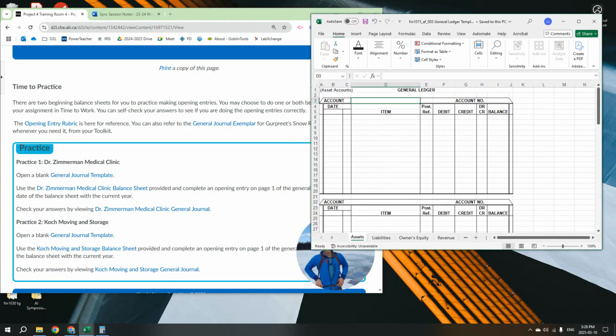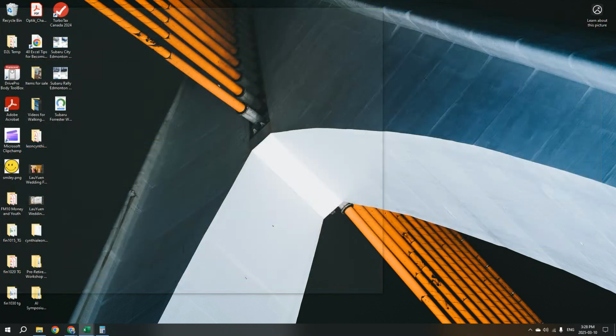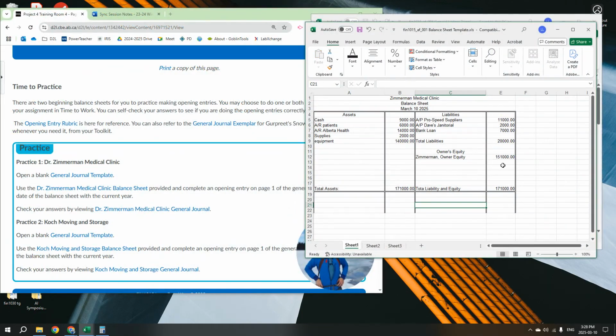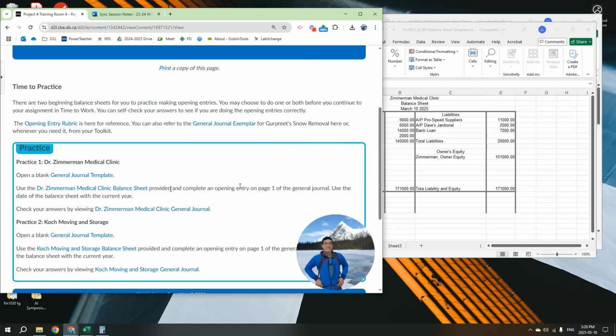The general ledger template looks like this. And I'm going to bring back up that balance sheet. Yeah, we do. We have a balance sheet for Dr. Zimmerman's clinic.